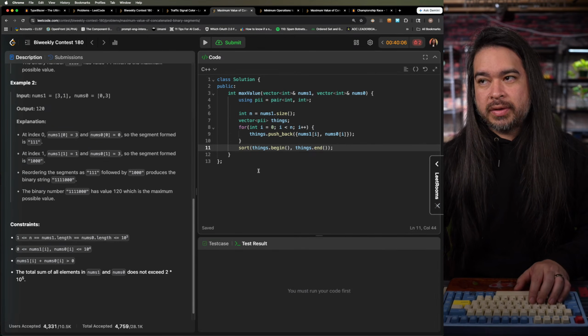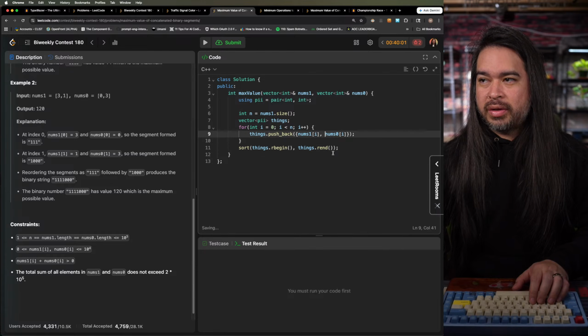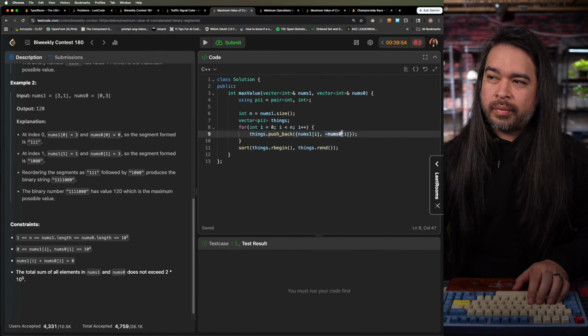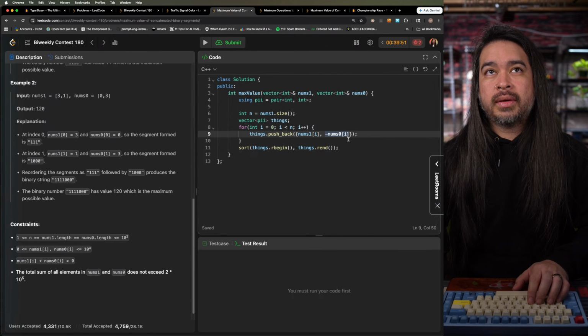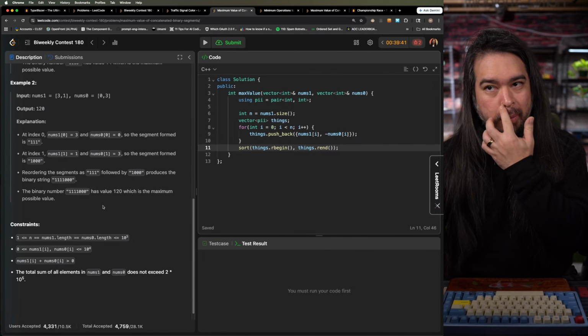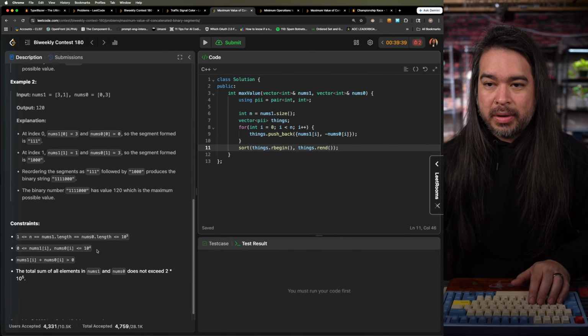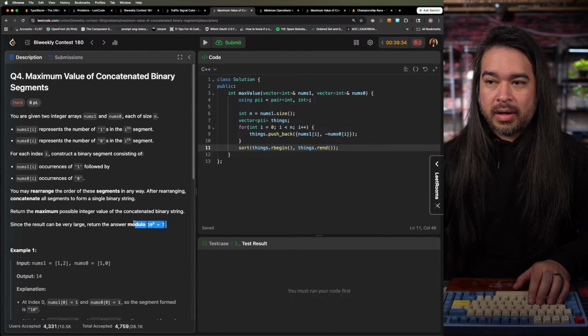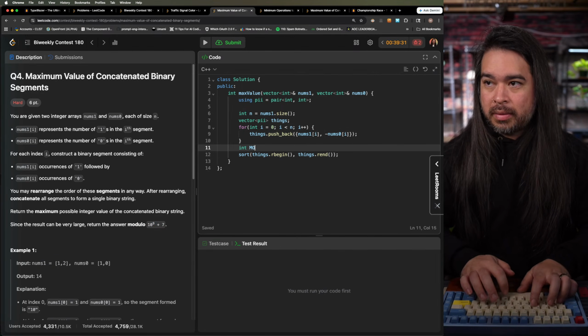But maybe they're also saying I should reverse sort them. Is that the trick that you do? So the smallest ones are, yeah. And then what? And then we just make the number like that. But then I have to do the mod thing, man.